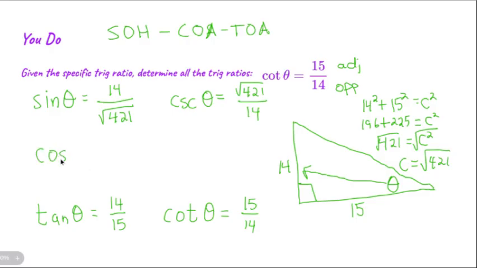And then we can use our cosine. That would be 15 over root 421. And then secant would be root 421 over 15.